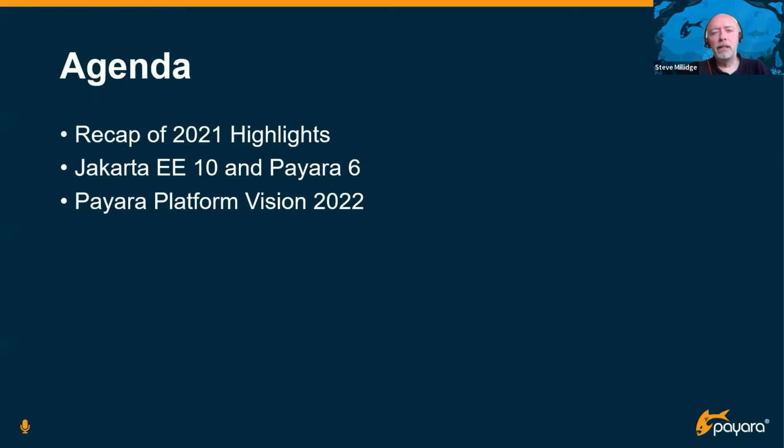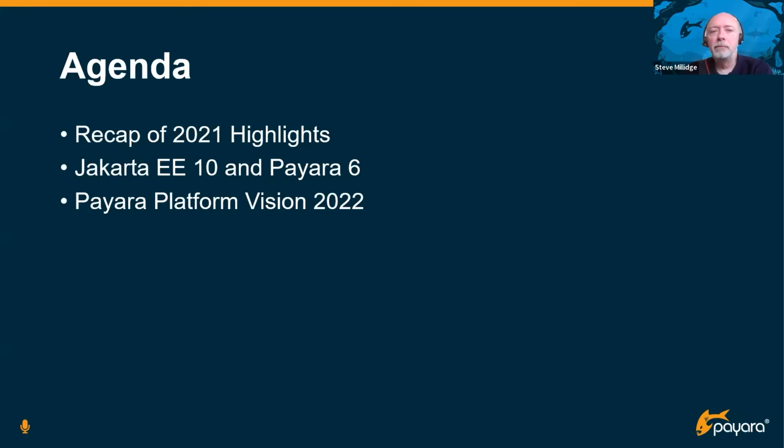I'm also going to cover Jakarta EE 10 and Payara 6, because a lot of what we do is standards development, and 2022 is shaping up to be a big year in the development of new standards with Jakarta EE 10. So I'm going to cover a bit about the progress on that and the timeline involved.